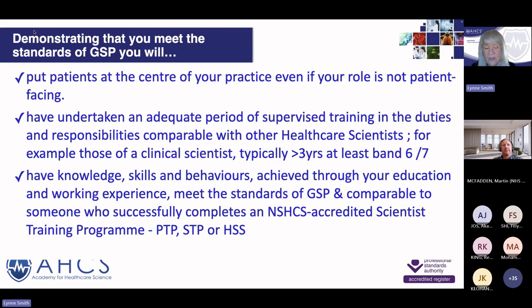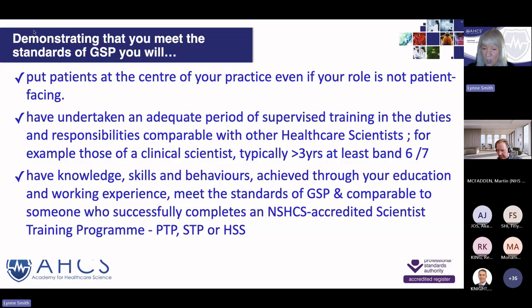And we make sure that meeting those standards, you've got the knowledge, skills and behaviours achieved through your education and working experience. So you have to have those working experiences documented and evidence to meet GSP.